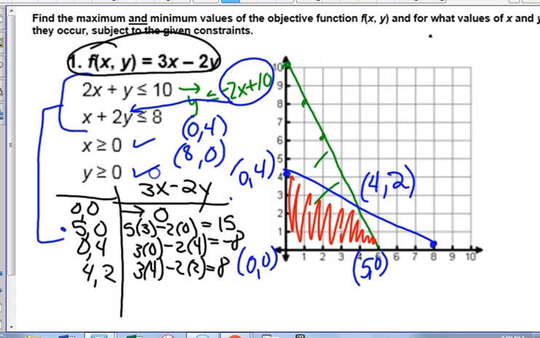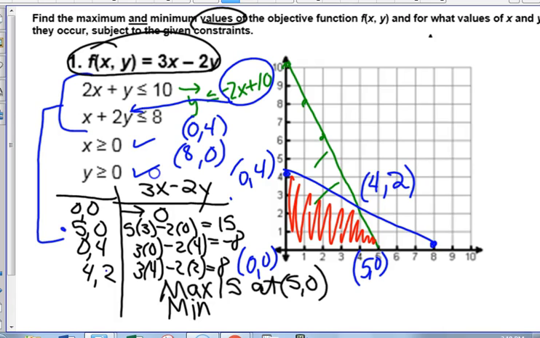Maximum and minimum values. So what's the maximum value? 15. So I'm going to write max of 15, and it occurs, doesn't it also want where it occurs? And what values of x and y? So where did that one occur? 0, 5, 0? Is that what you said? I wasn't looking. Min, be careful. It's actually negative 8 this time.